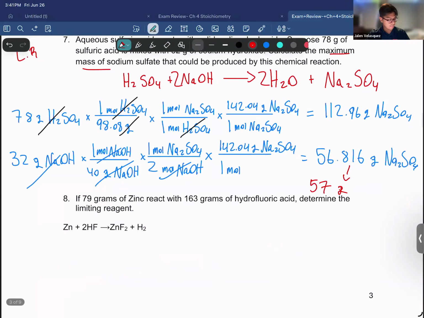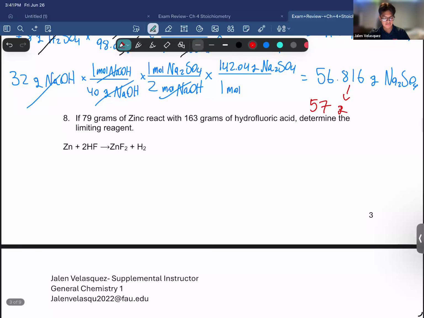Okay, number 8 says 79 grams of zinc reacts with 163 grams of hydrofluoric acid. Determine the limiting reagent. So I'll give you a couple minutes to do that one on your own, and then we'll go through it.